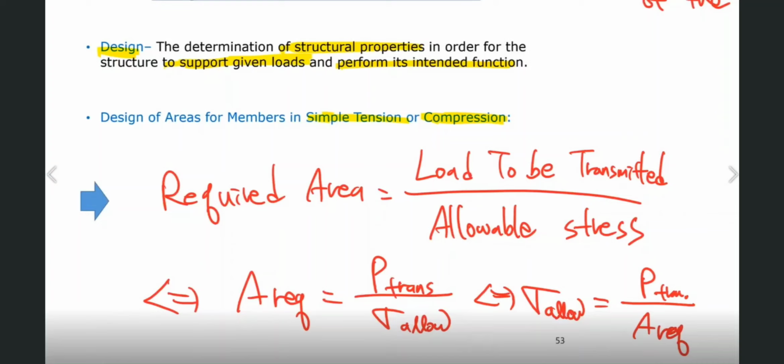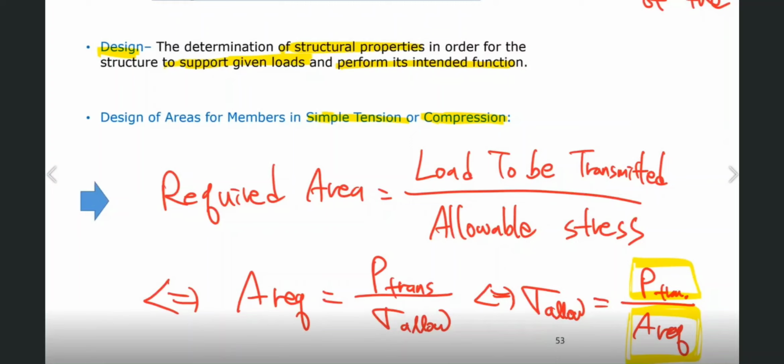So that should be the required area for each specific transmitted loading condition. So if we know the transmitted force condition and required area, we can define the allowable stress.